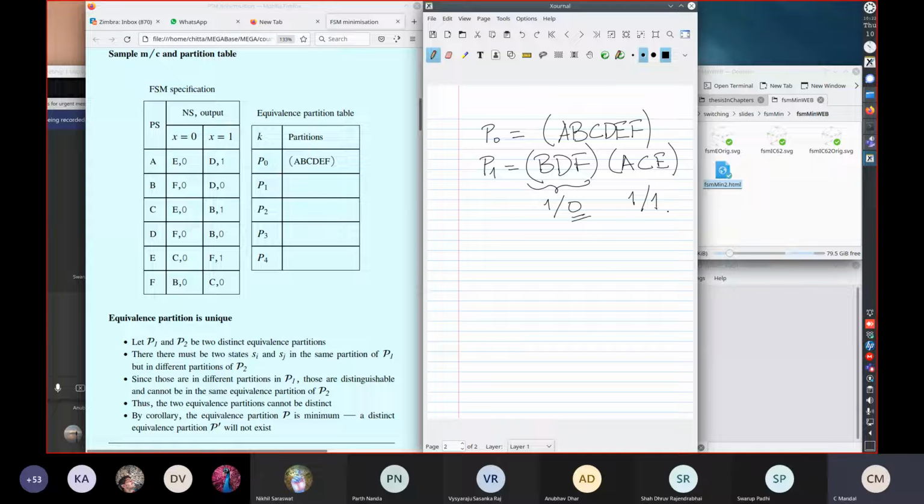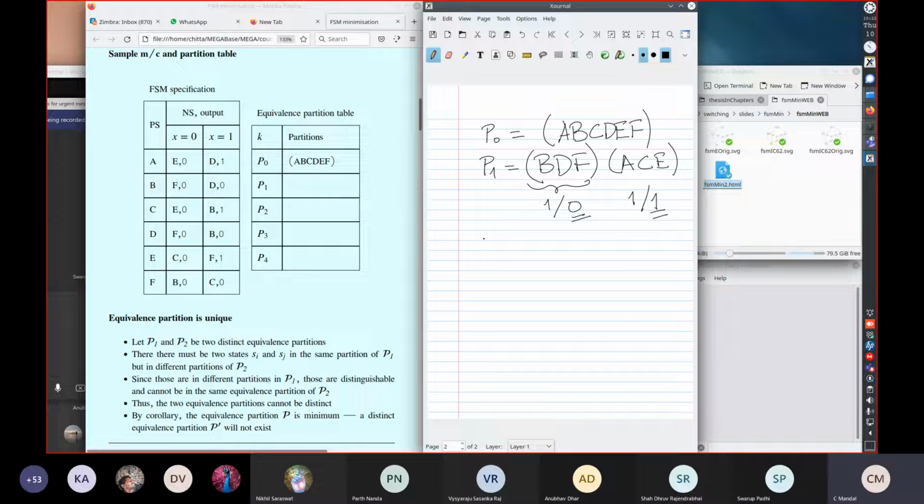Okay, so you can distinguish between these states. If the initial state is either B, D, or F, then you can distinguish those states from A, C, and E, giving an input of 1. Is this okay?